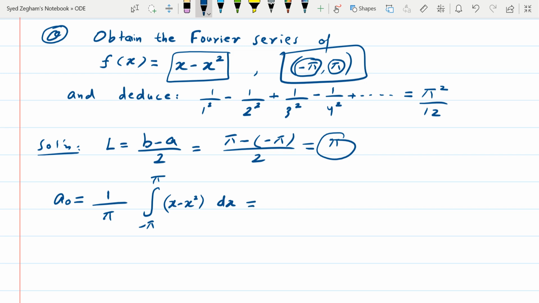This is a very simple integral. You know how to do this. Integration of x will be x square by 2 minus x square integration will be x power 3 over 3, with the limits minus pi to plus pi.